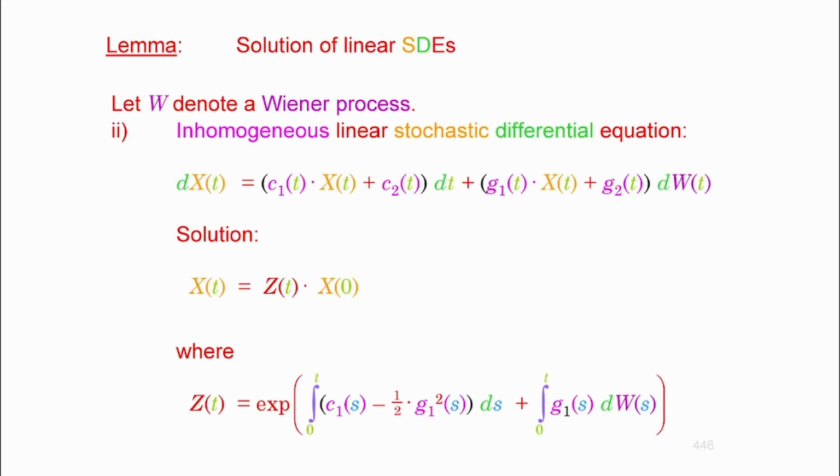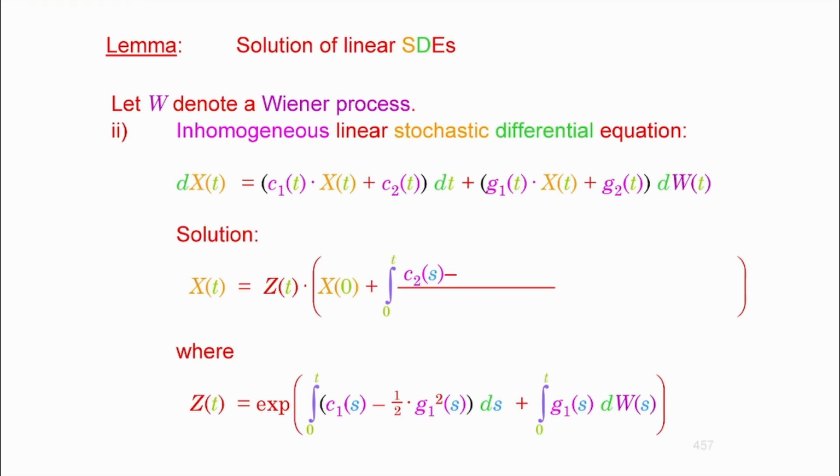Okay, so C1, these are all of them without any exception still the multiplicative ones. So that doesn't change. That function didn't change if you go from the homogeneous to the non-homogeneous version. But, well, this is not nice, I have to admit. So there is going to be an integral, which is also multiplied by z. You have basically the function z2, which is C2, the additive function of the drift.